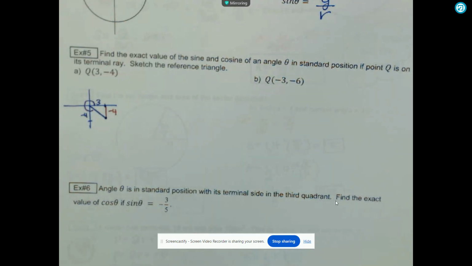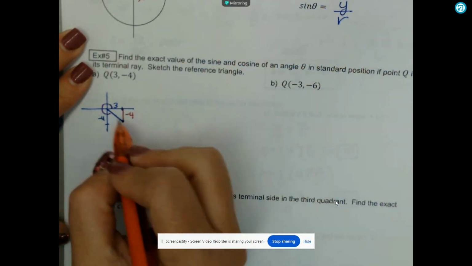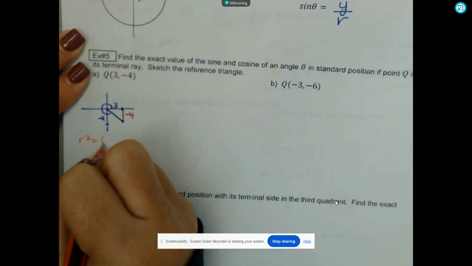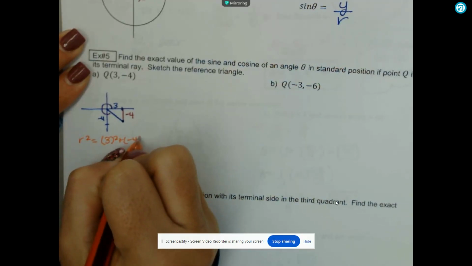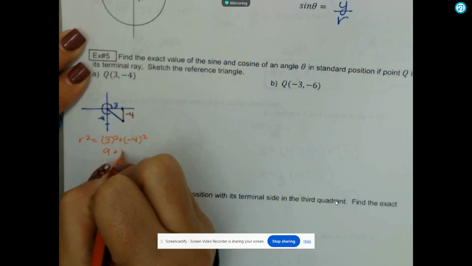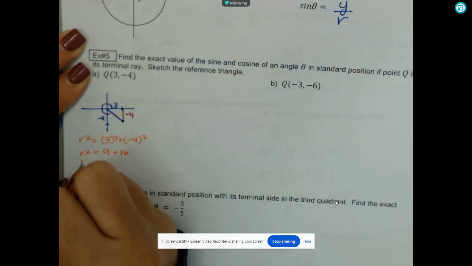If you've got one side that's 3 and one side that's 4, the hypotenuse is 5. But I will work it out using the Pythagorean theorem. If we're trying to find our hypotenuse, in this situation that's going to be r. It would be 3 squared plus negative 4 squared. 3 squared is 9. Negative 4 squared is 16. Add those together, we get 25. And what's the square root of 25?